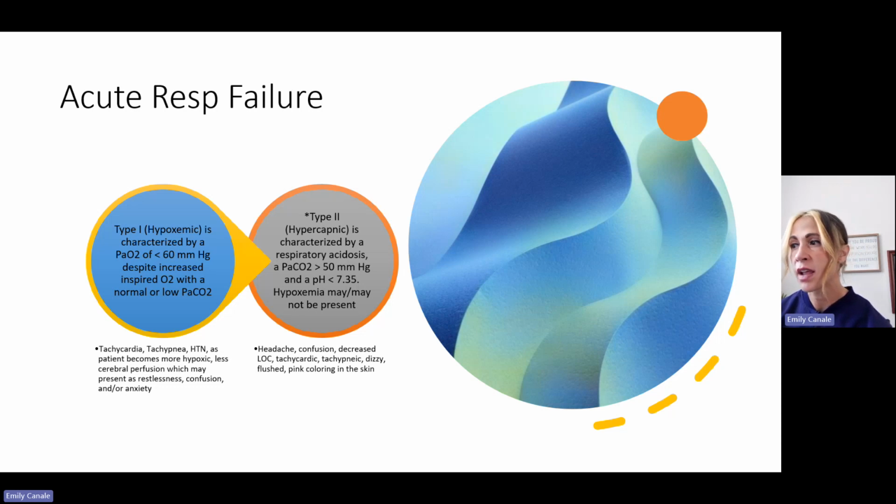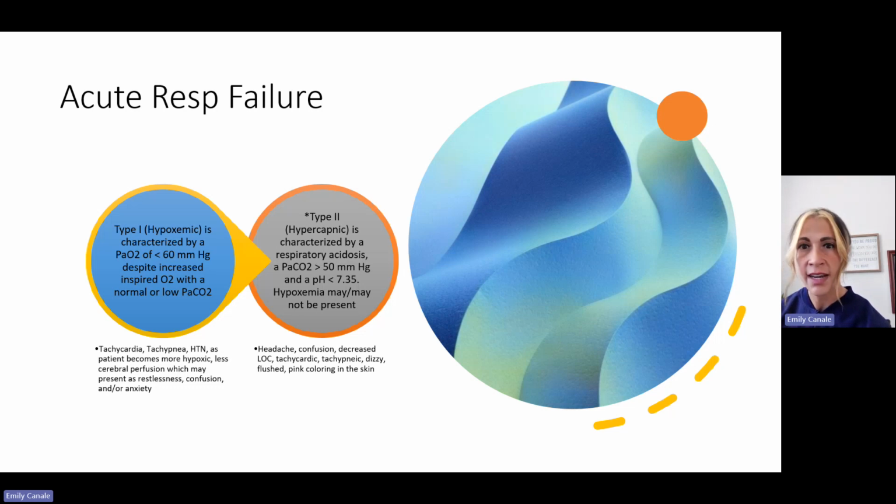That could be things like pulmonary edema, pneumonia, and, thinking back, pulmonary embolisms. But if we're thinking type 2 hypercapnic, we're thinking the opposite end: disease that's impairing ventilation and causing hypoventilation.